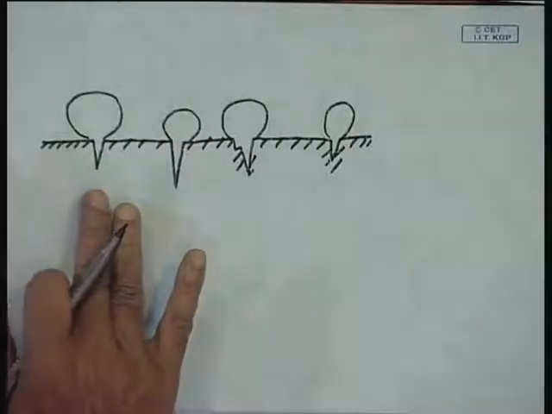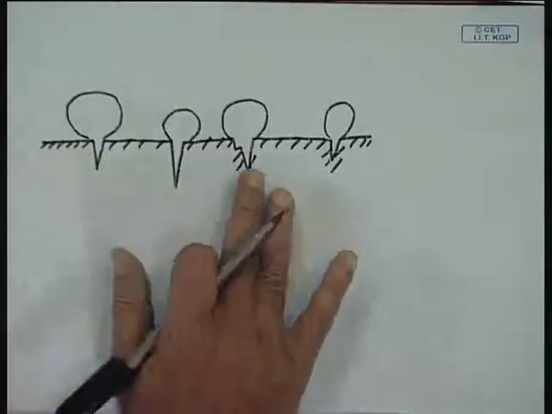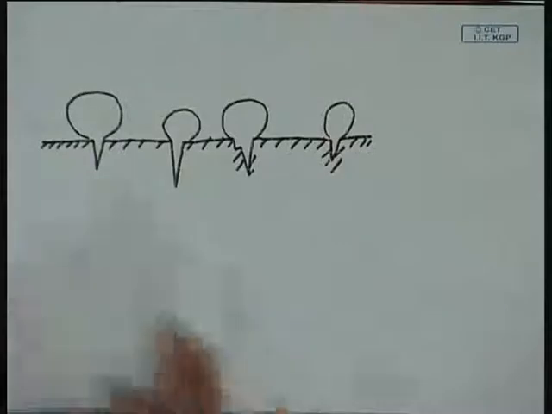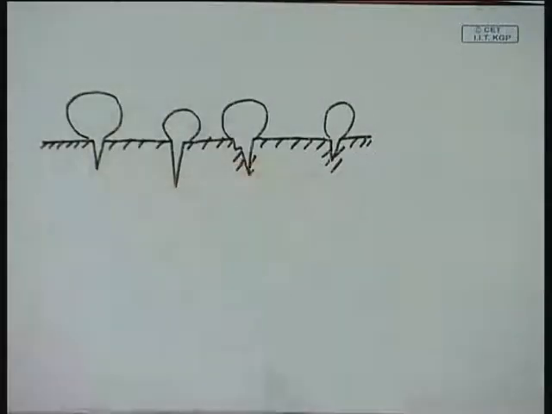Now, basically in this isolated bubble region, one bubble is not influencing the growth or the heat transfer process of another bubble. That is one of the assumptions. So, that means you can do the analysis based on what is happening to a single bubble.